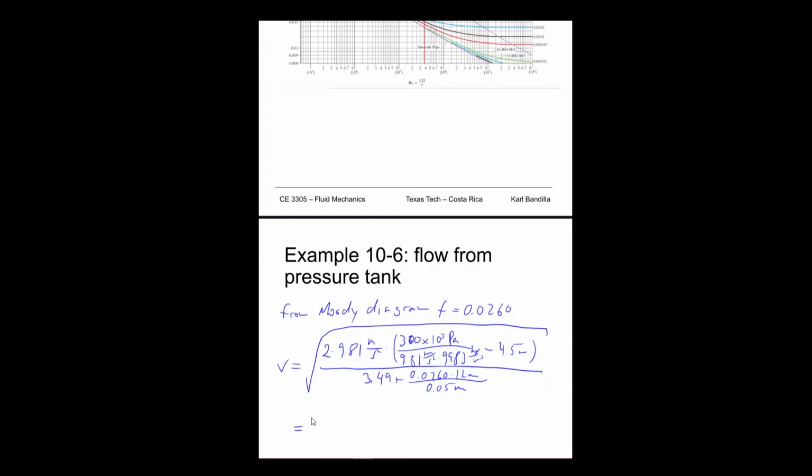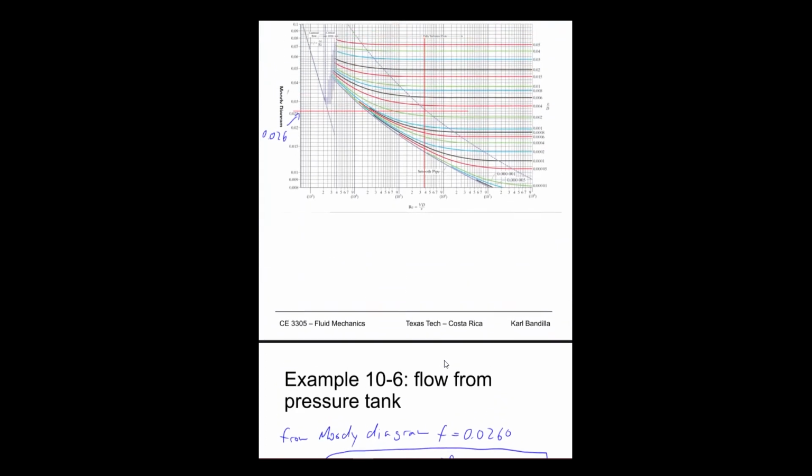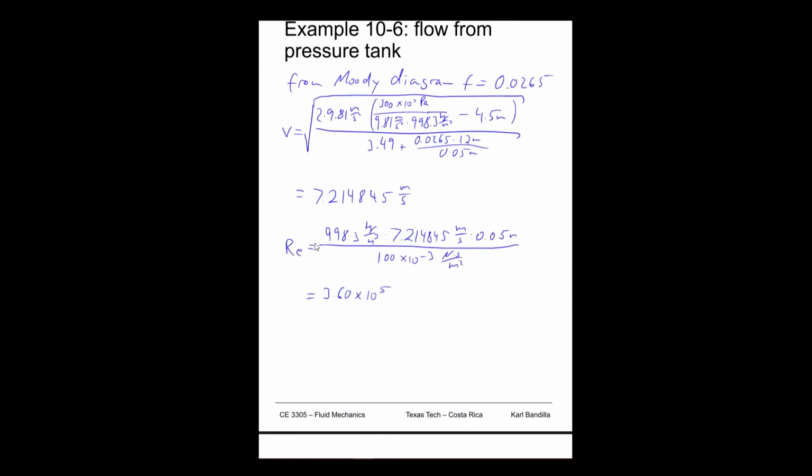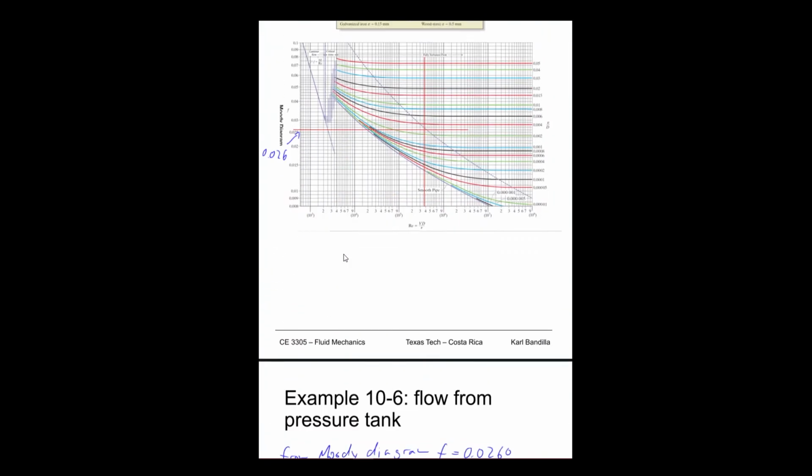And that gives me a velocity of 7.2591999 meters per second. How does that compare to what we had before? 7.214. This is getting pretty close, right?